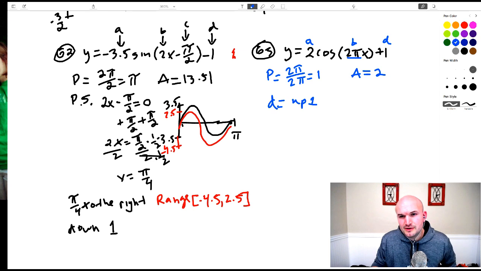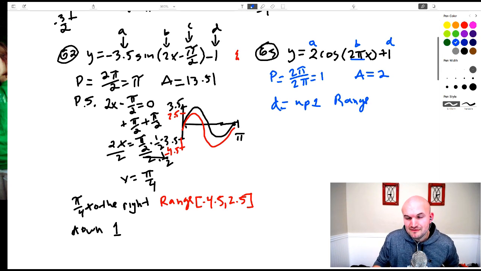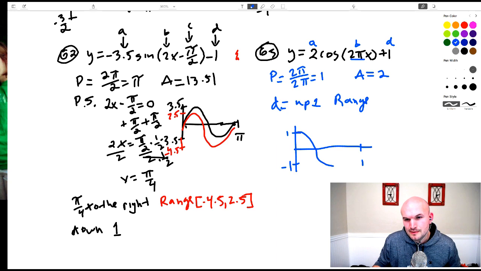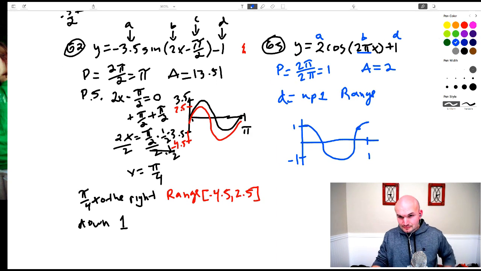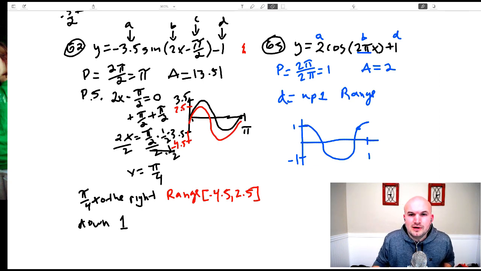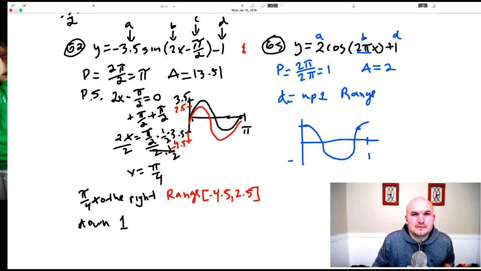If I want to find the range, looking at the cosine graph, it goes from 1 down to negative 1. It now has a period of 1, so it completes a whole period all the way to 1. It also has an amplitude of 2, not 1, so I've got to fix that. There we go.